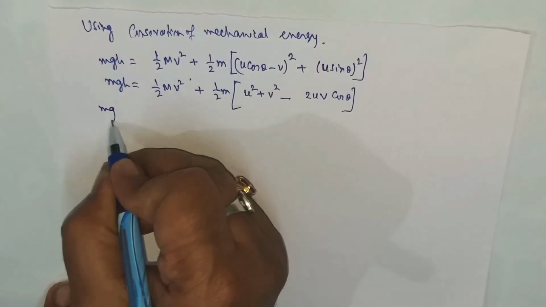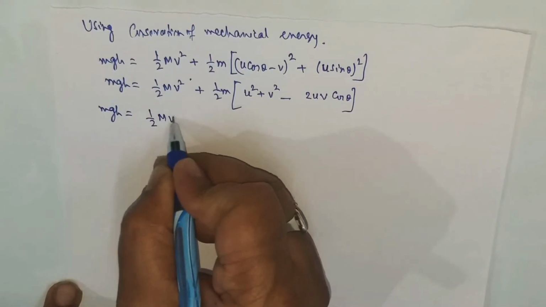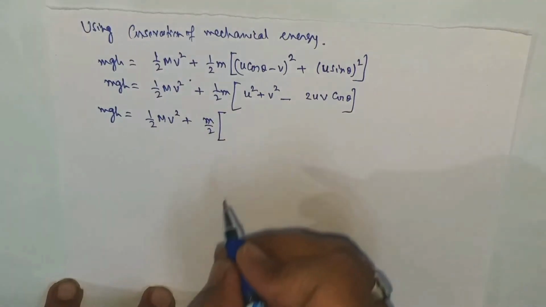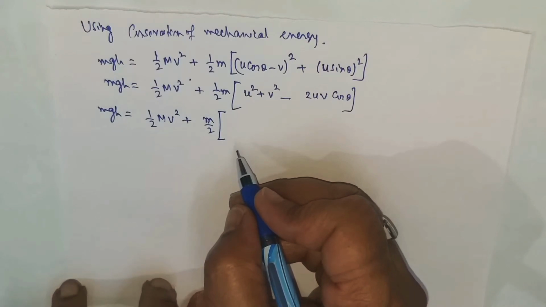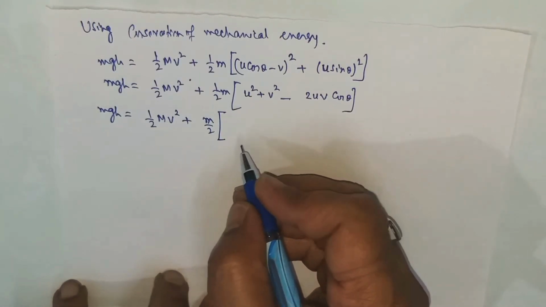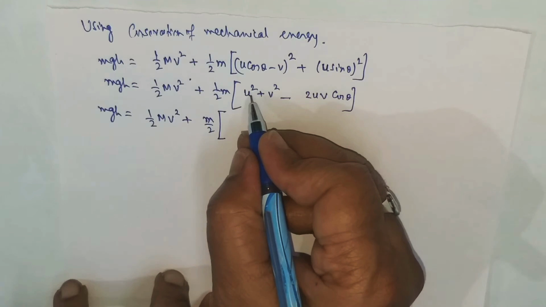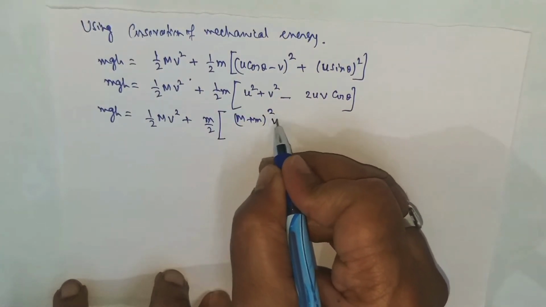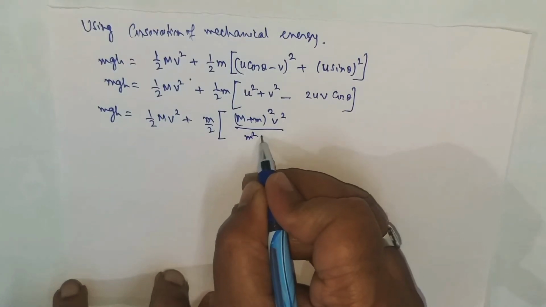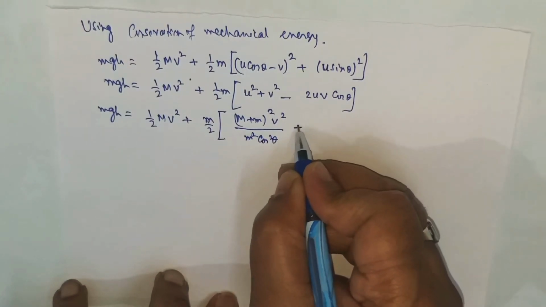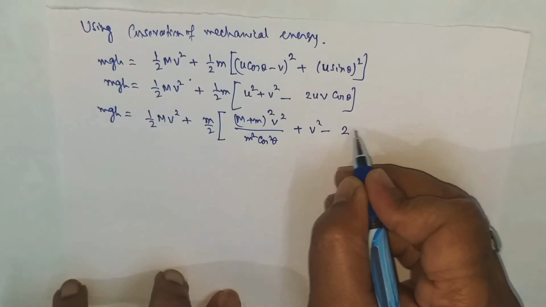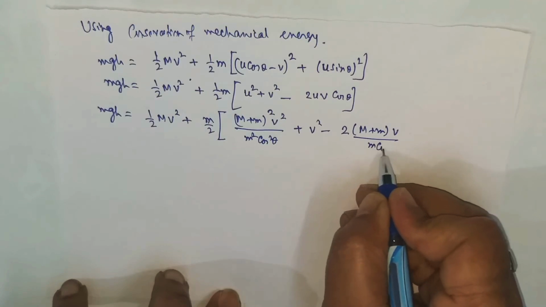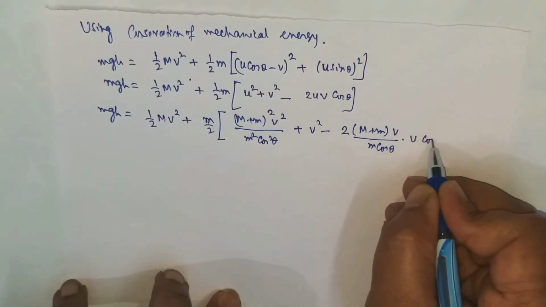So we further proceed. mgh equals half capital M v square plus small m by 2, and now I am putting in the values. Small u was capital M plus small m, whole square, v square divided by m square cos square theta, plus v square minus 2u, where u was again capital M plus small m into v divided by small m cos theta, into v into cos theta.